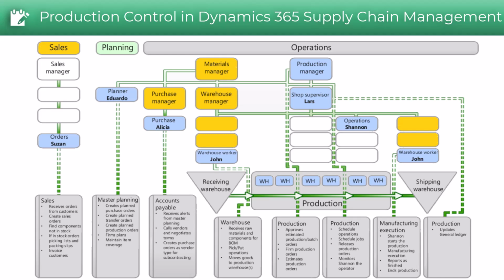One more step is there: inter-module integration and cost involvement. Production control is tightly connected with other modules like product information, inventory, general ledger, warehouse, and even project accounting. Costs are also calculated differently depending on the business needs. Some companies use the FIFO approach, first in first out.